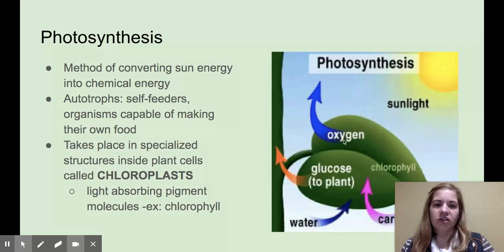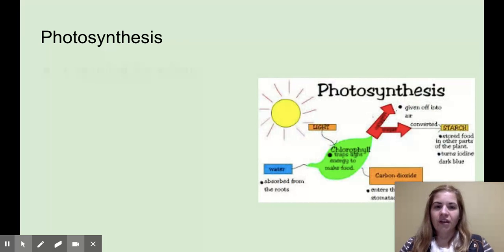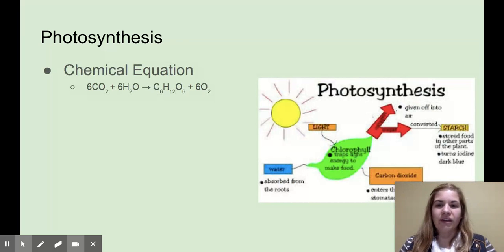So if you look at the picture here, in this plant leaf, you have your chloroplasts in each of the plant cells, and the chlorophyll is absorbing that sunlight. And that's really where the initial process takes place. It gets the energy from the sun into those cells. Now, if we look again at that chemical equation, we are taking carbon dioxide and water, and sunlight.